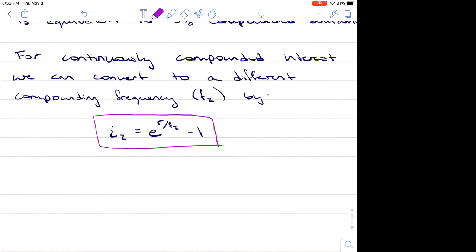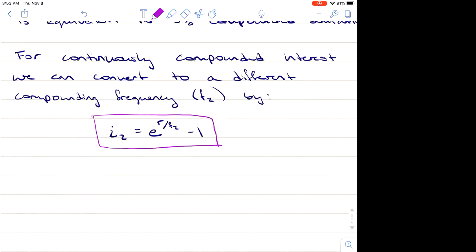So continuous compounding isn't going to be that common, but because they are these special cases, they get their very own formulas, which is kind of annoying, but now we know how to deal with it, right? So R again is that continuous compounding rate, and then F2 is the one that we want to change it to, right?